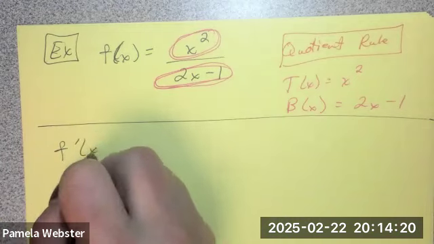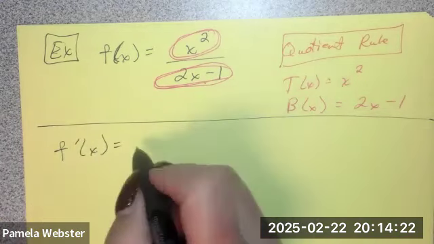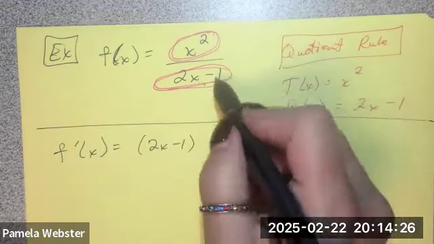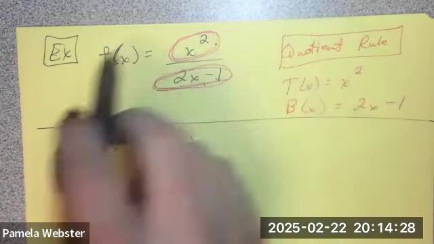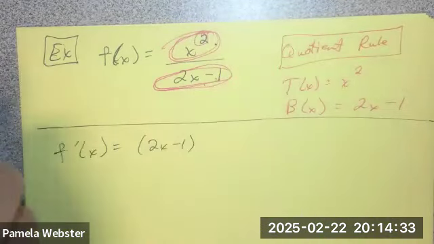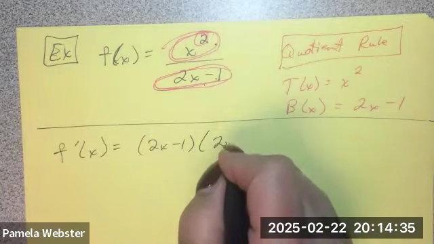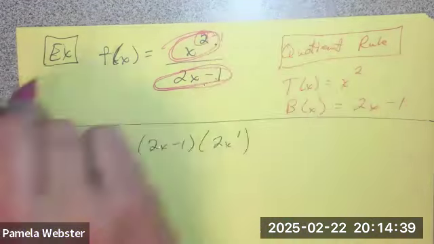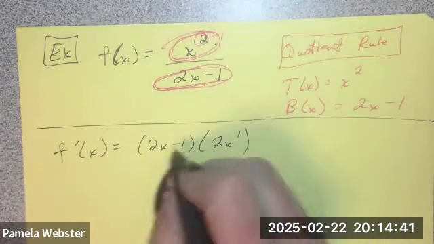F prime of x equals, okay, the bottom guy, just like he is. Write him down. Times the derivative of the top. Well, what's the derivative of the top? Pull that 2 down in front. Subtract 1. Right? Minus 1. That's a 1. All right.